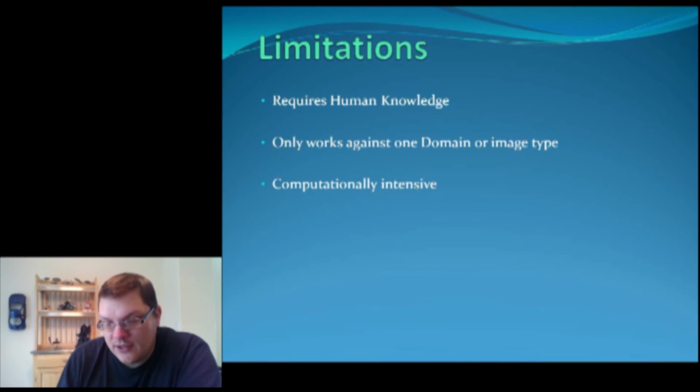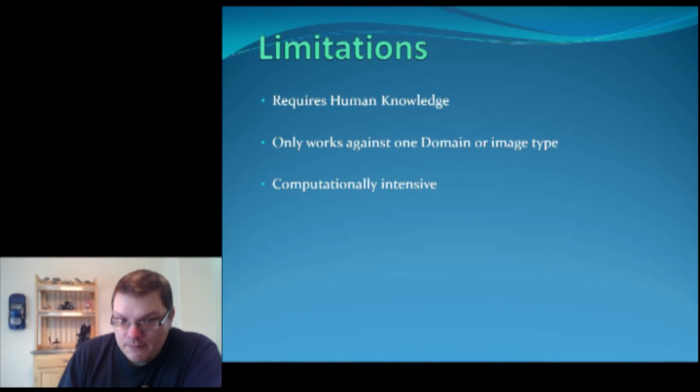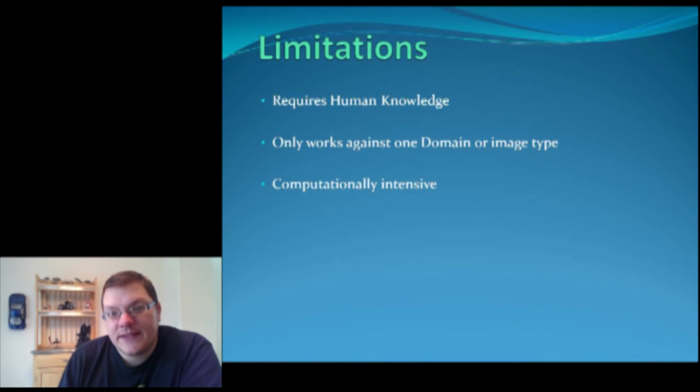Yeah. Can you create a computer farm that's capable of processing such a large neural network? Maybe. Which goes back to the last point, computationally intensive. The more you try to recognize, the bigger these networks get. And that's a hard problem to solve.